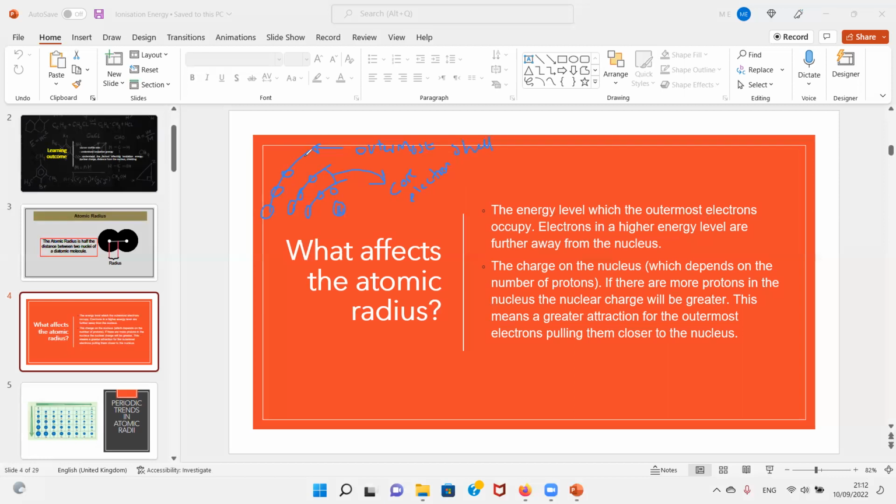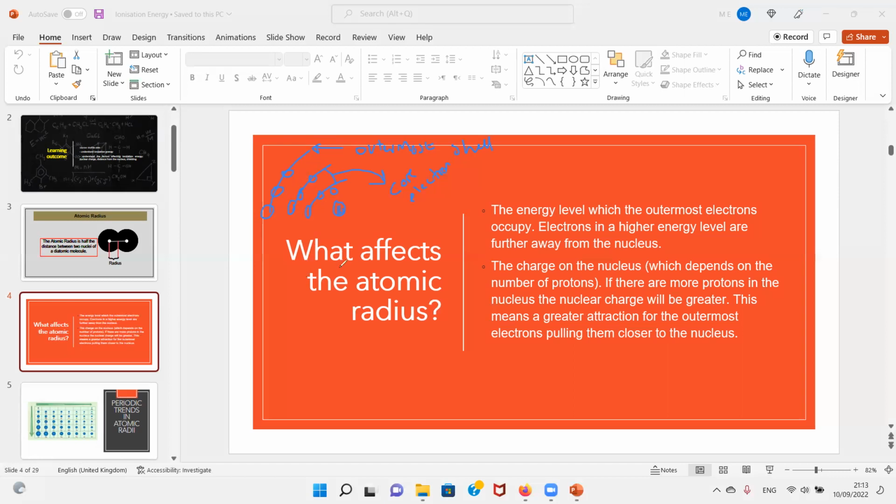The electrons found on the surface, you call them outermost shell electrons or valence electrons. These are the ones exposed to the external space, and these are the ones involved in chemical bonding and chemical reactions.